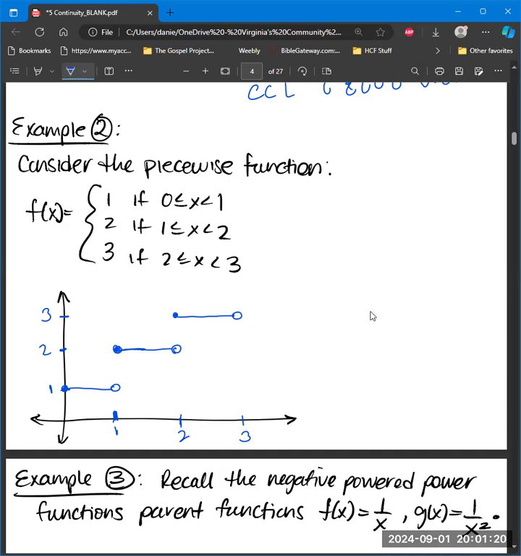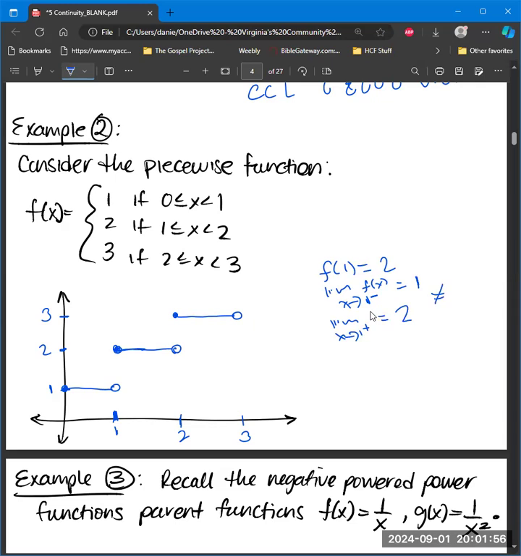So let's go ahead and figure out, maybe right now, let's talk about at 1, is there a discontinuity at 1? So f of 1 is equal to 2. The limit of f of x as x approaches 1 from the left is equal to 1. The limit as x approaches 1 from the right is equal to 2.